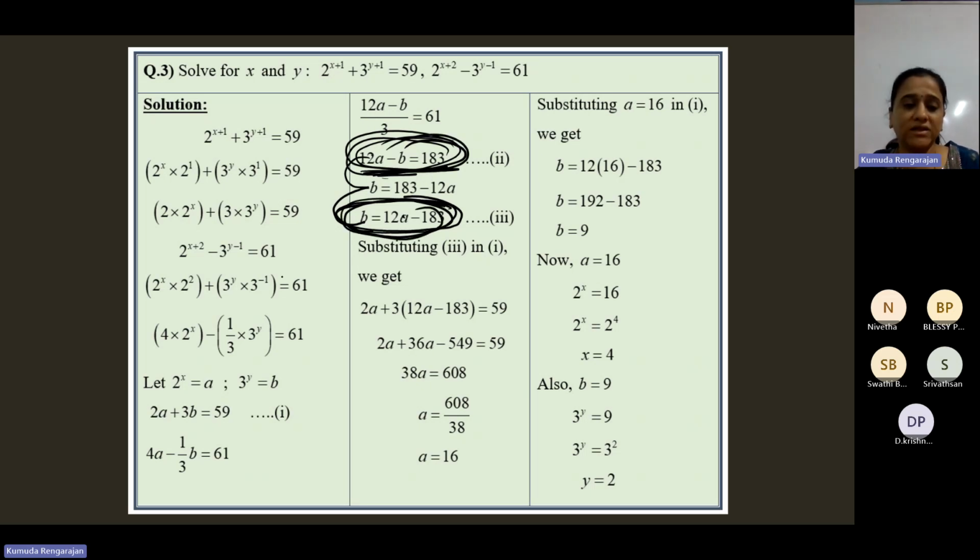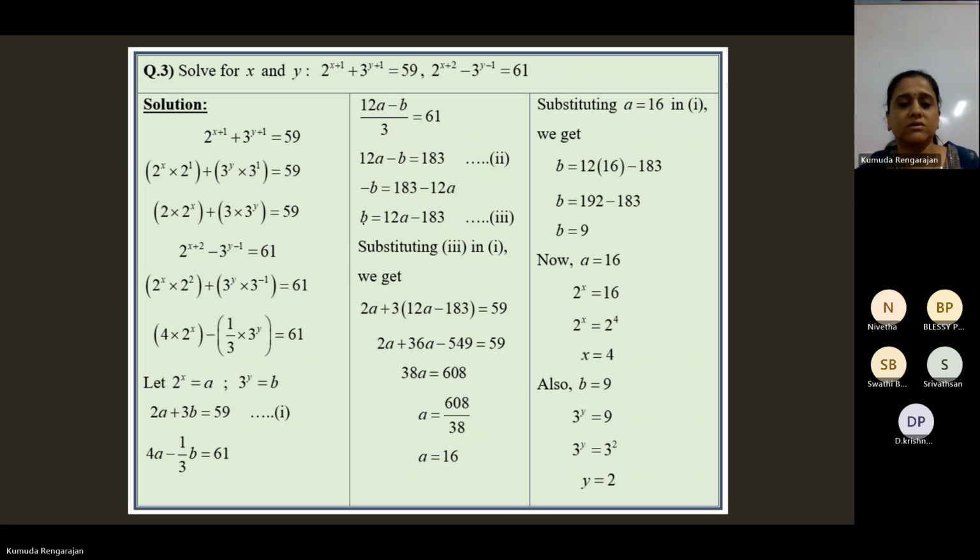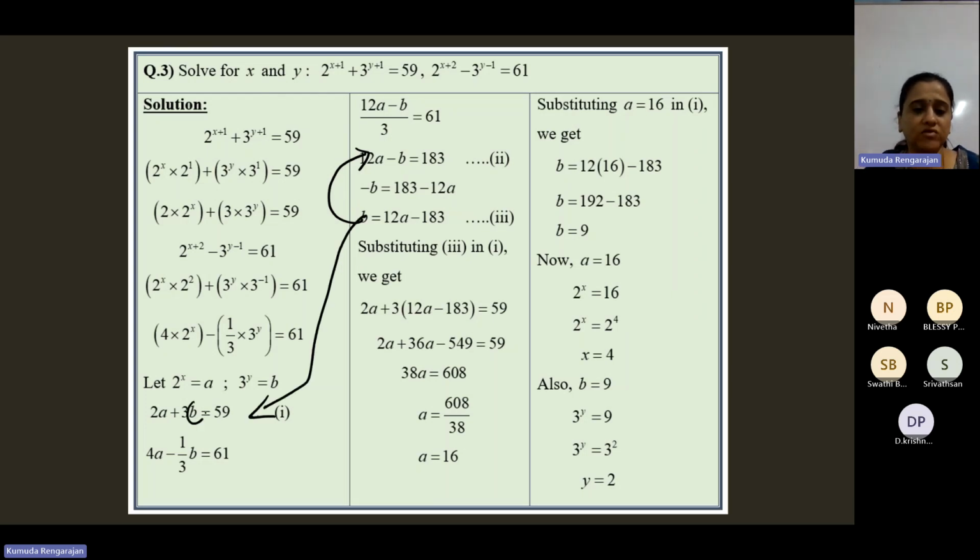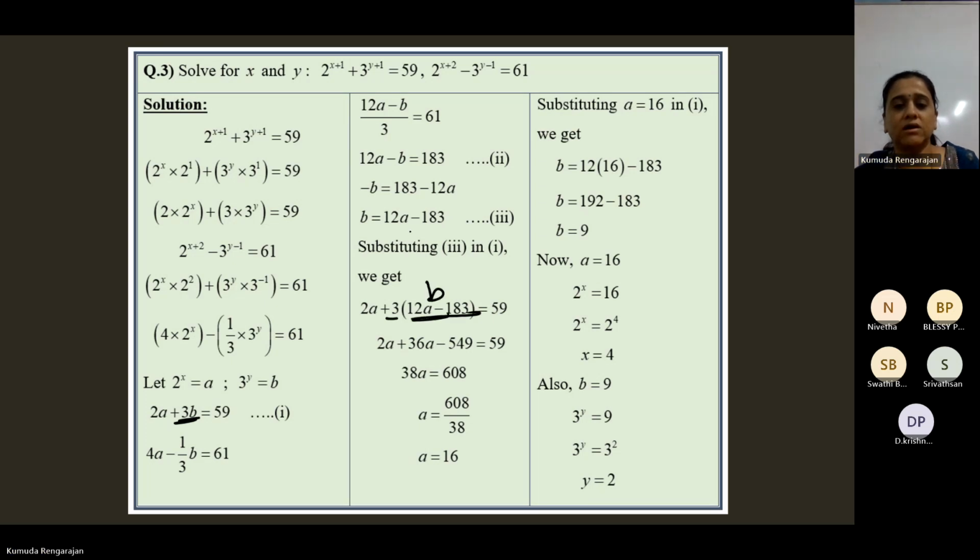Substitute this one in the other equation, the first equation. In place of b, use 12a minus 183. 3b, so 3 into, instead of b, 12a minus 183.